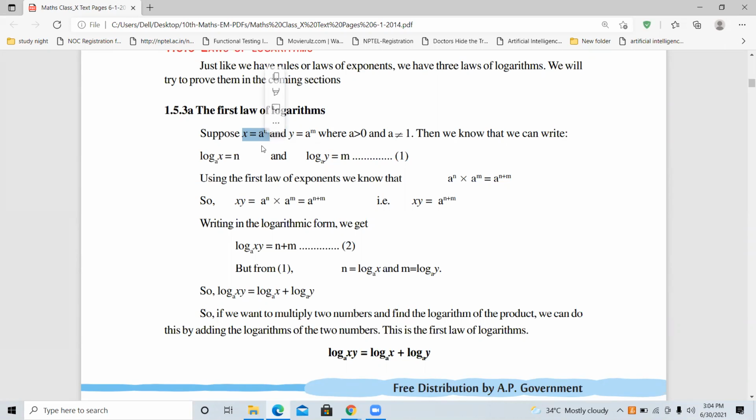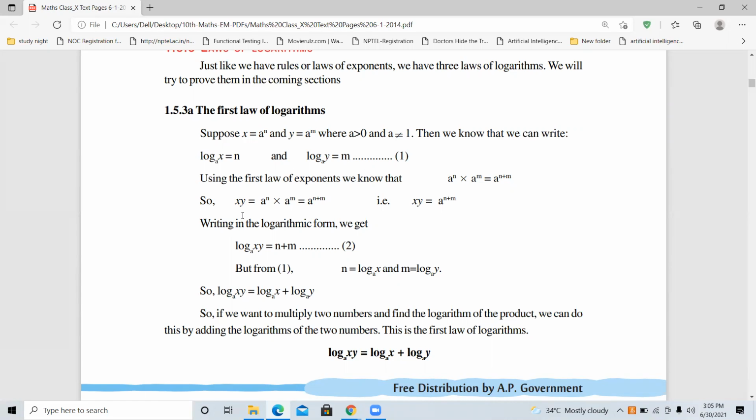We can write the logarithmic form of x equal to a power n as log of x base a equal to n, and the logarithmic form of y equal to a power m as log of y base a equal to m. We are treating this as equation 1. According to the first law of exponents, we all know that a power n into a power m equal to a power n plus m. Now multiplying x and y.